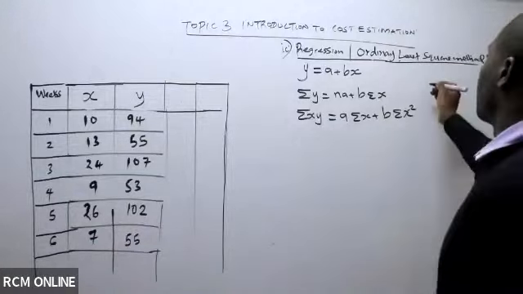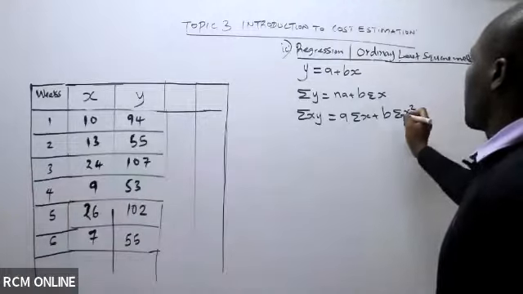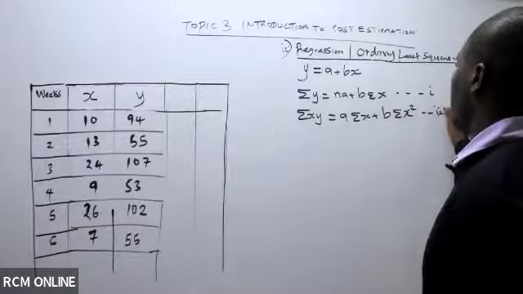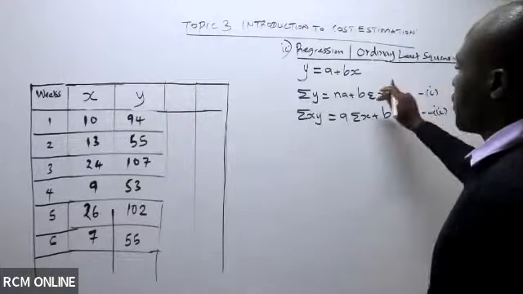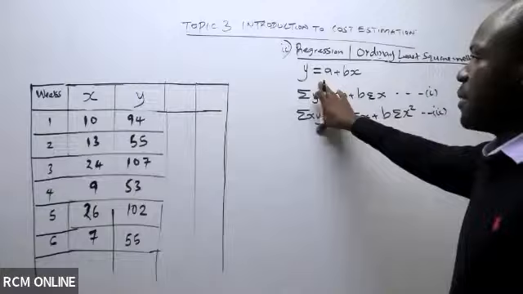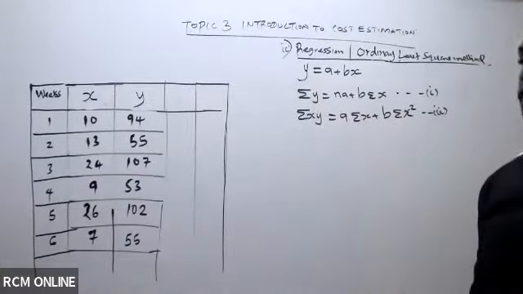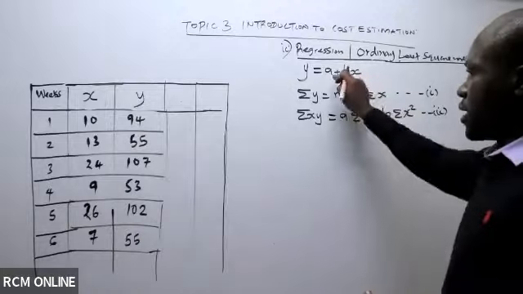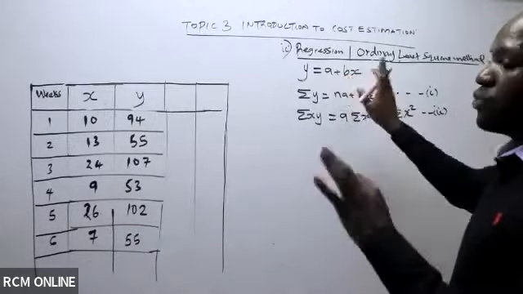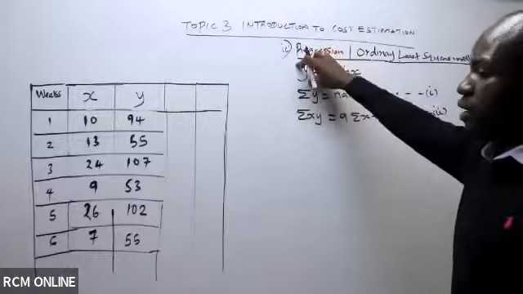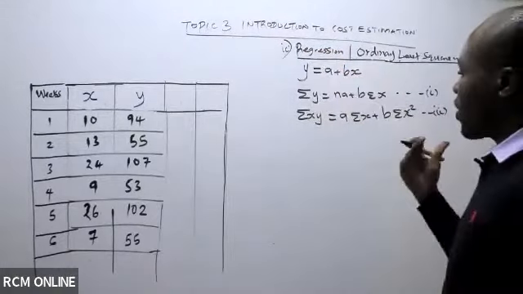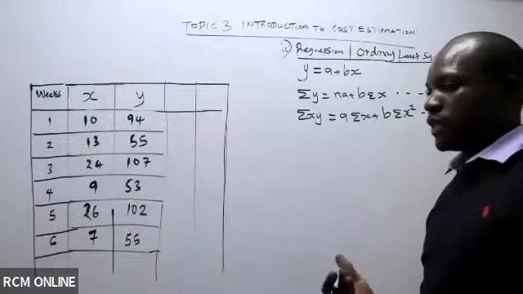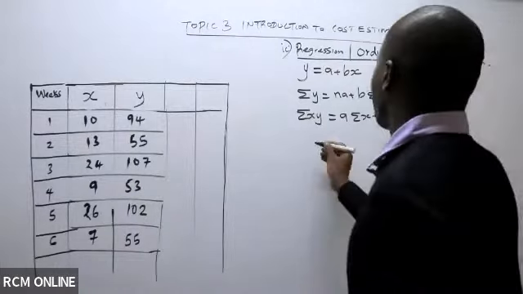Good. That is Roman 1, Roman 2. This is the first function that you're going to use to come up with a simultaneous equation. Then from that point, we'll be able to get the value of a and the value of b, because that's what we need for us to come up with a cost function. Now, we have a condensed formula.